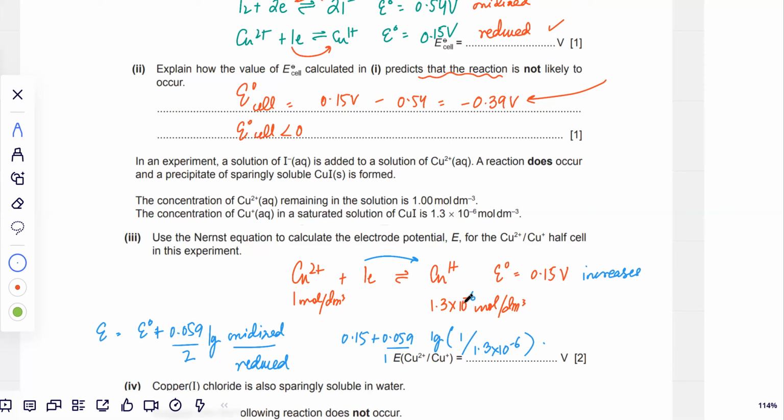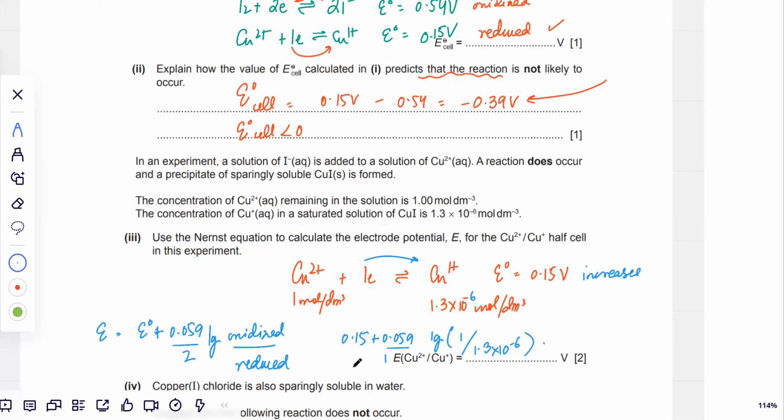Sorry. Shafak, what were you saying? I was asking, the previous E0 cell value is 0.15, right? It's 0.15, yes. Okay, so it's 0.15 plus 0.059 upon 2 and log of the oxidizer upon reduced, right? Yes, but not divided by 2, it's divided by 1.